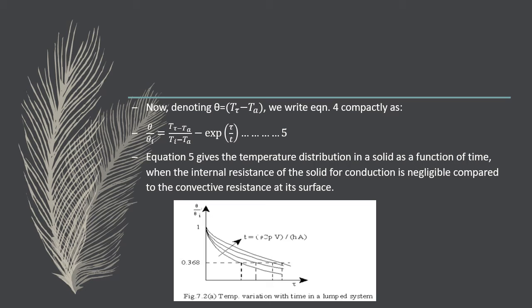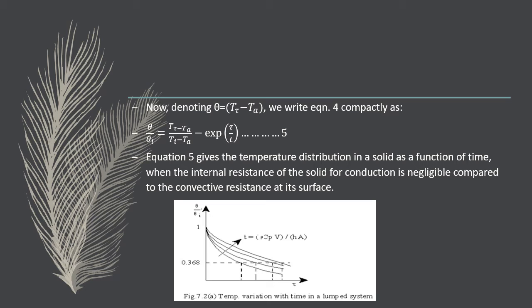Equation 5 gives the temperature distribution in a solid as a function of time when the internal resistance of the solid for conduction is negligible compared to the convection resistance at its surface. Let's see this diagram where the temperature variation with respect to time in a lumped system is given.